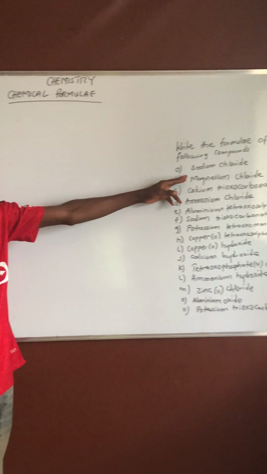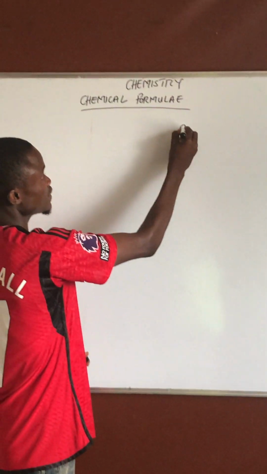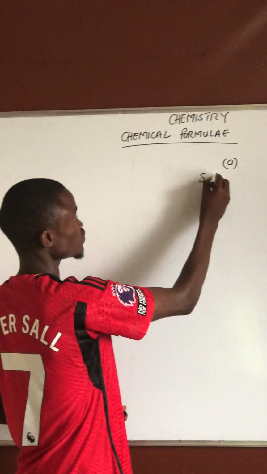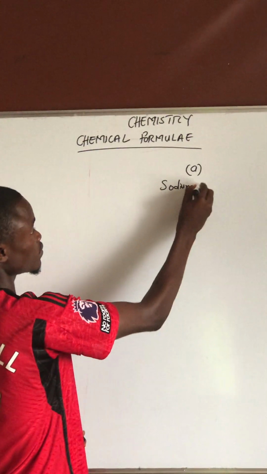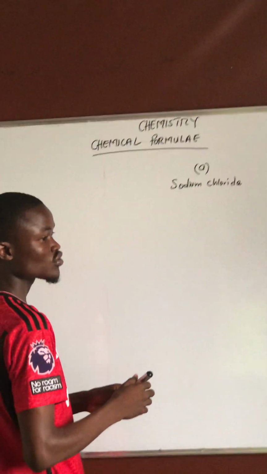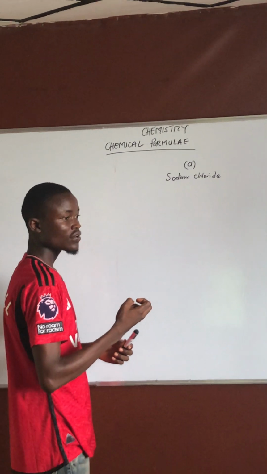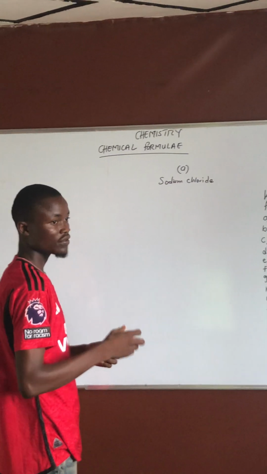So now let us start with sodium chloride. This is A. The first one is sodium chloride. There are some steps that we need to take in order to write the chemical formula of a compound.